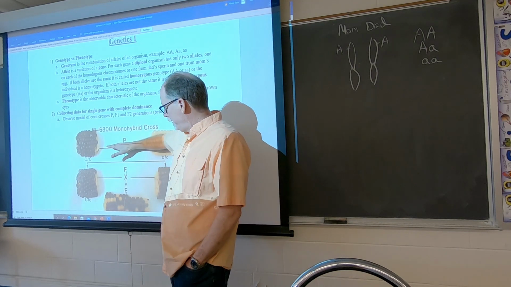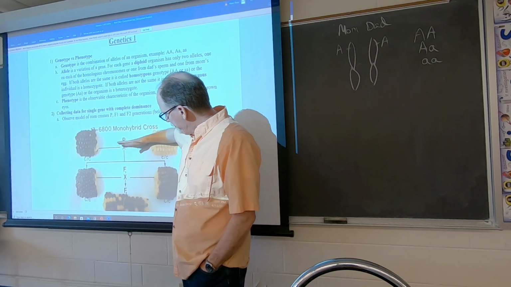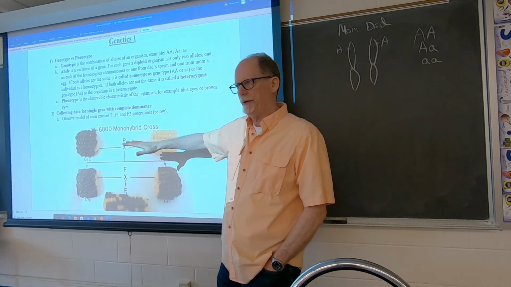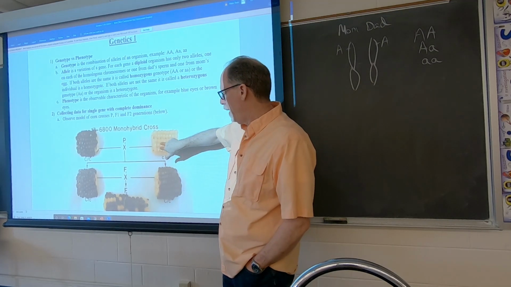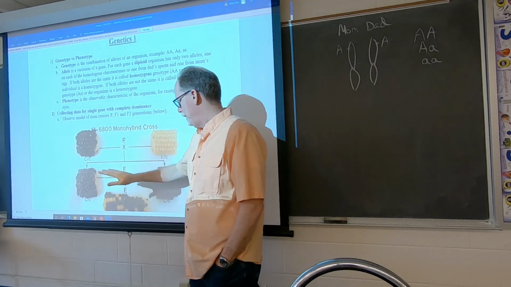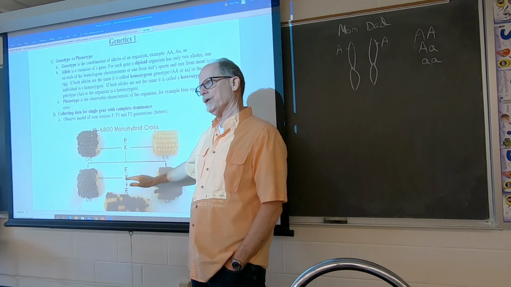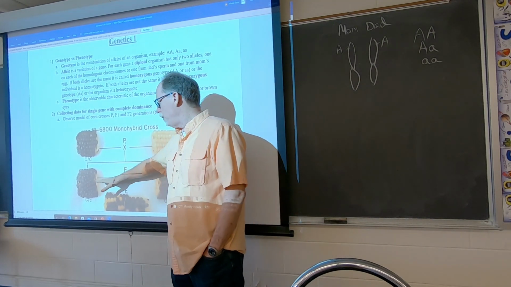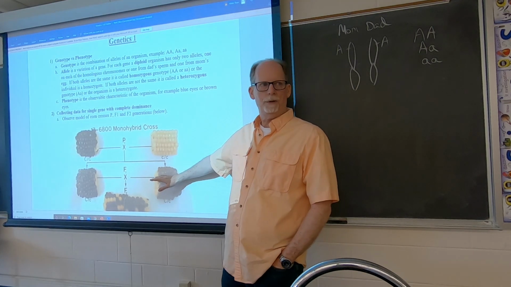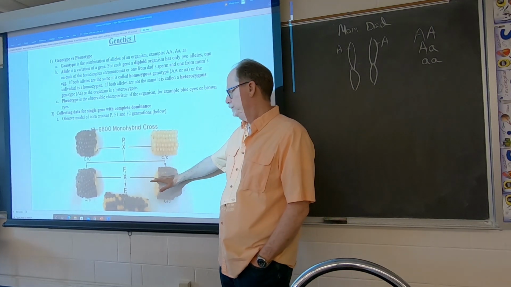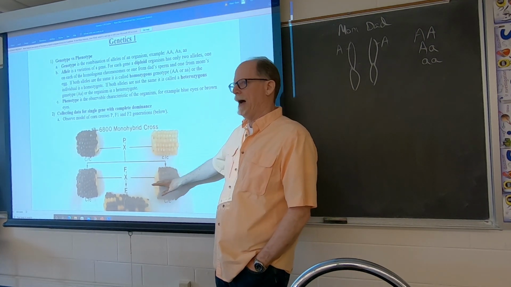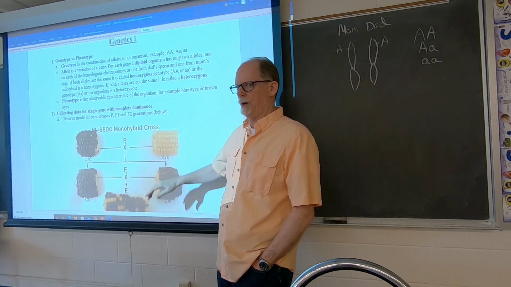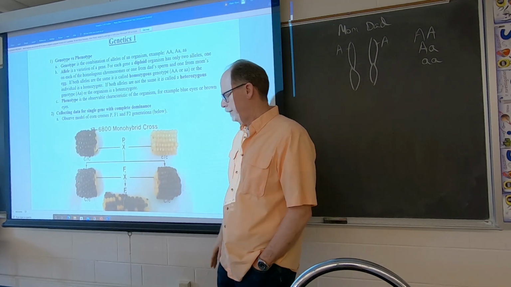On the boxes on your bench, they use the term parental, P1, which we covered in class. So when they cross this corn and this corn, it developed the F1 generation. In the F1 generation, all the corn is purple or colored. That means it's dominant over the yellow color.